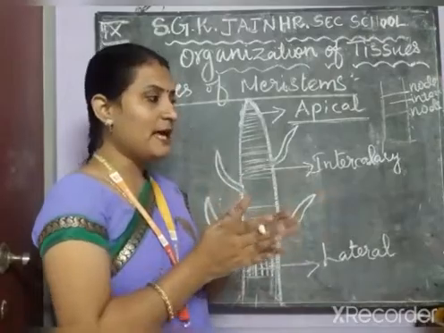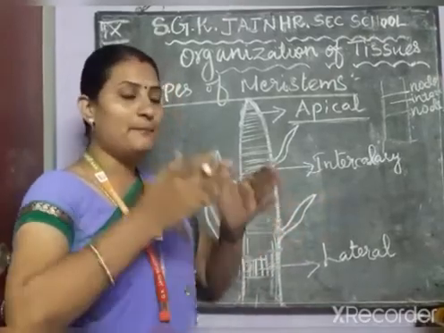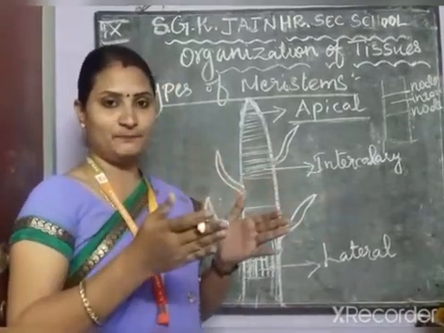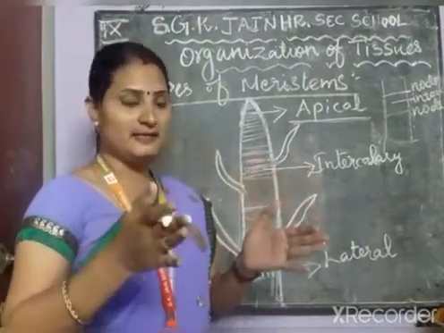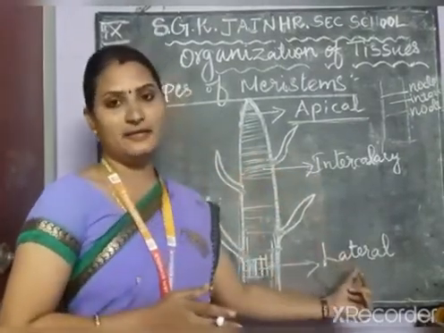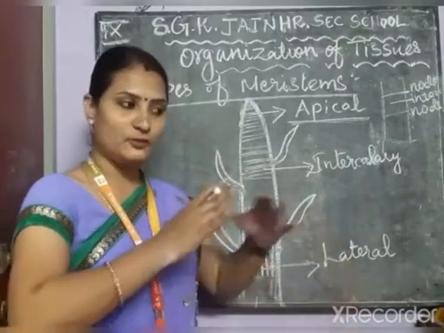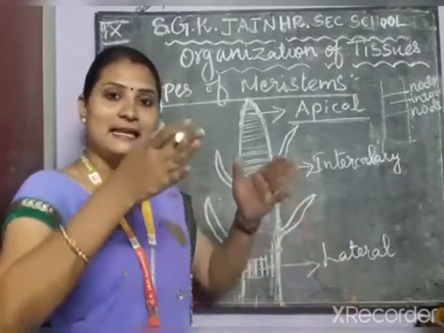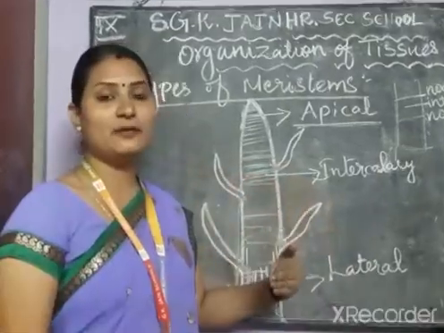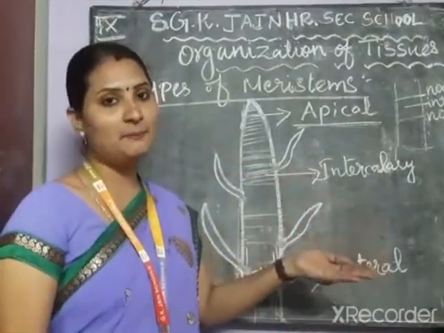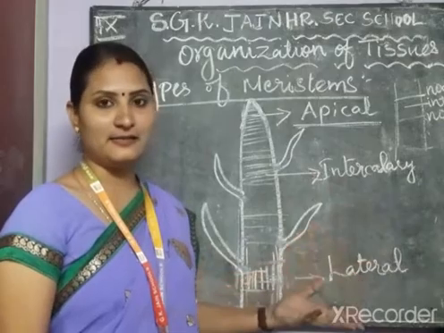That means it will increase the breadth of the plants. The width will increase due to these lateral meristematic tissues. So that growth takes place laterally, which means thickness will take place in the plants.